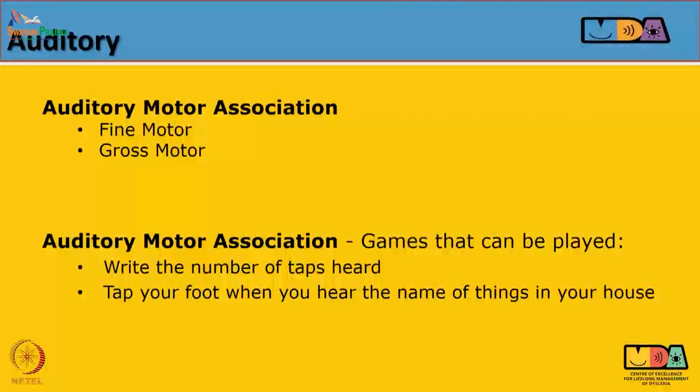So, instead of making it a test, give these dictations as fun activities. Another game that you can play is to tap and ask the child to write the number of taps that you have done. Another interesting game is that the child has to tap his feet when he hears things that have been mentioned in his house.